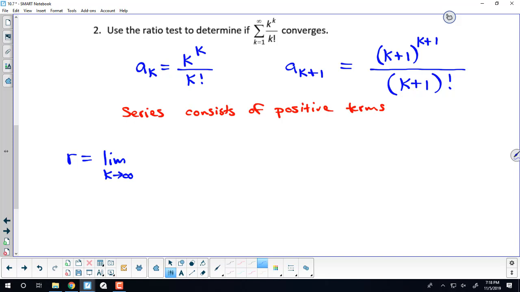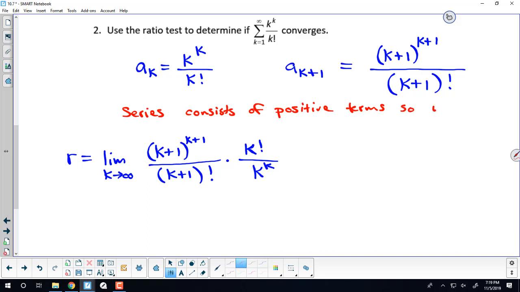So the limit at infinity of successive terms, so the k plus 1 term divided by the kth term, or times the reciprocal of the kth term. The series consists of positive terms, so this will be more descriptive here.